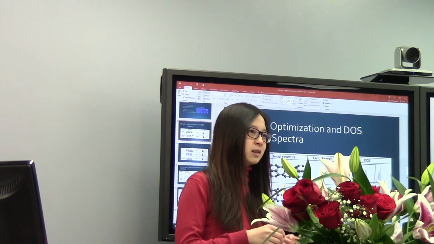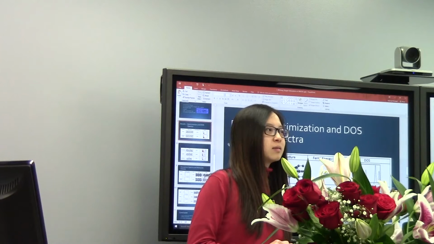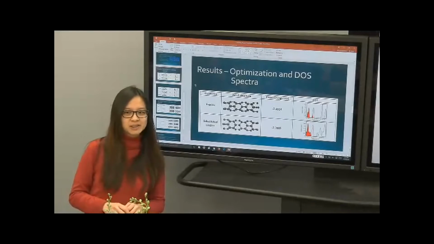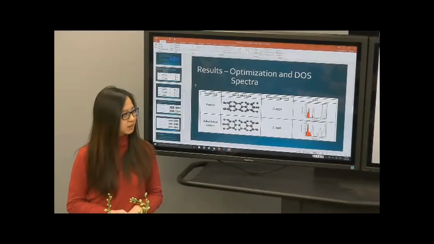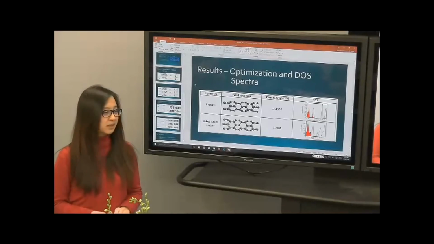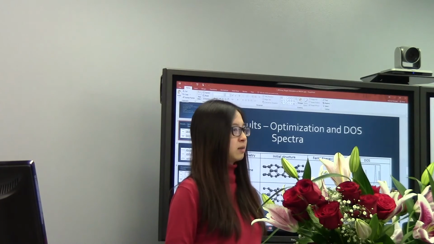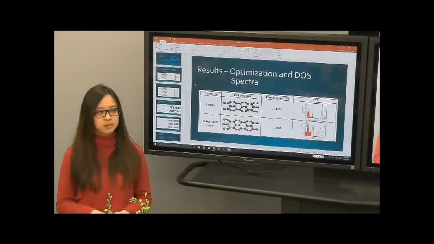It decreases. So is the system still a semiconductor or does it become a metal? It's a semiconductor, but I believe it's a semiconductor. What happens to the gap? It decreases, but it still exists, right? It's not completely going to zero. Okay, so it's still a semiconductor.